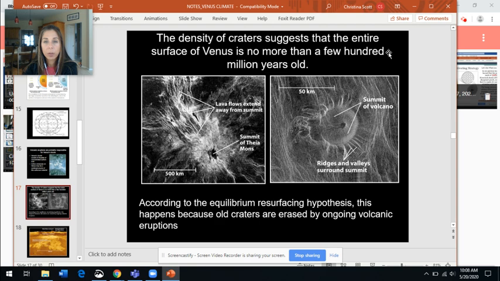According to the equilibrium resurfacing hypothesis, this happens because old craters are erased by ongoing volcanic eruptions. So remember, volcanoes, when they erupt, produce new surfaces and new features, and then erosion will go ahead and erase them away.